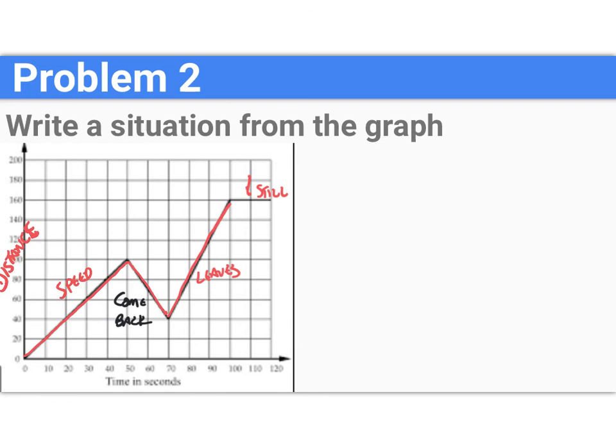So after wasting a couple of minutes, 20 seconds, worrying about what they left in their car, in their book bag or whatever, they turned around at 70 seconds and started going back towards school at a faster rate than what they originally walked with. And by 100 seconds, they got to where they were going and remained still for 20 seconds. And that's how you would write a situation.